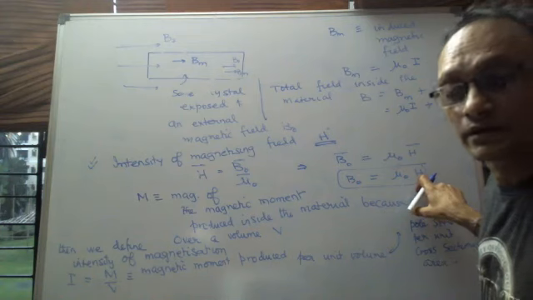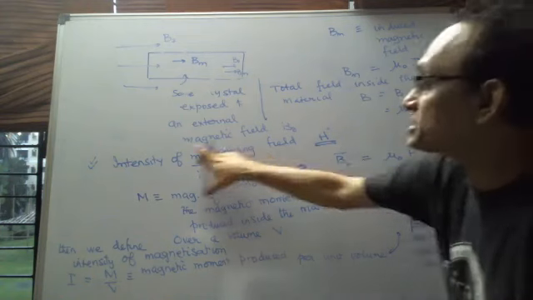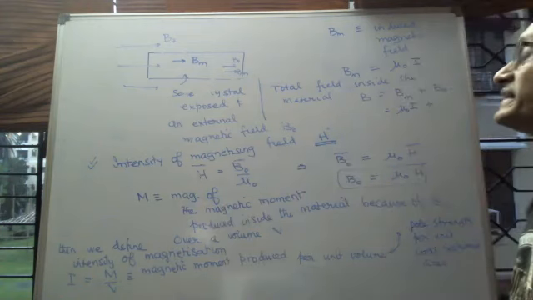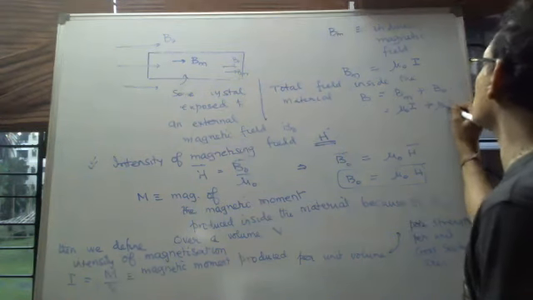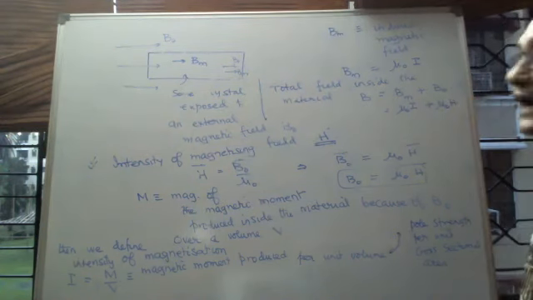H is the magnetizing field, the intensity of the magnetizing field. So mu naught H, right?